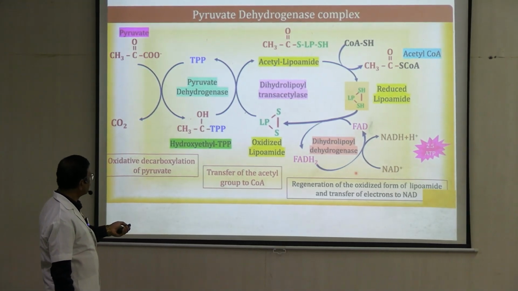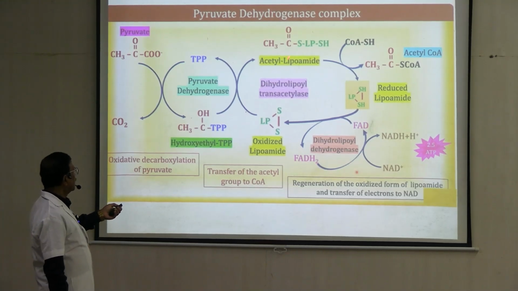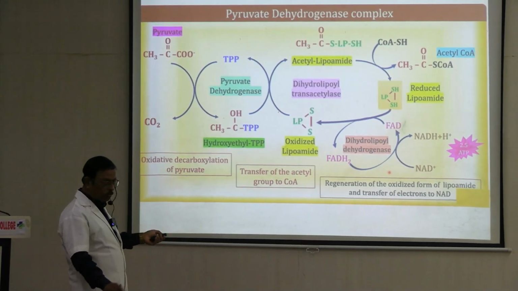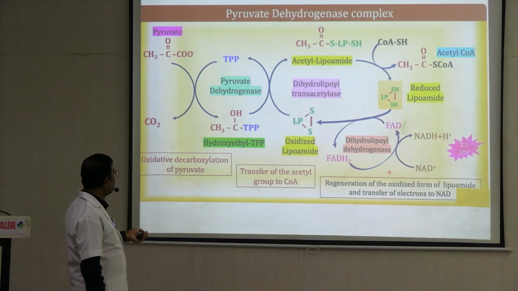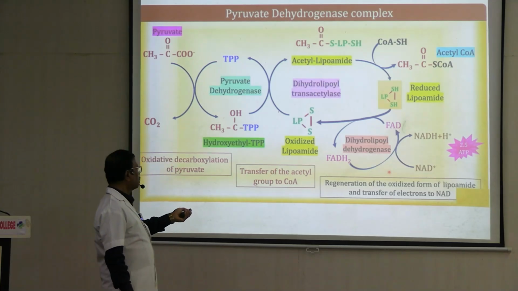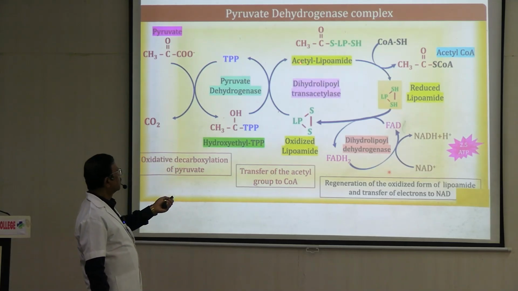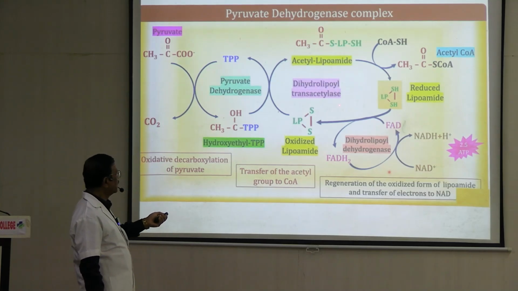The acetyl group of this hydroxyethyl thiamine pyrophosphate is transferred to oxidized lipoamide, and acetyl lipoamide is formed by the enzyme dihydrolipoyl acetyl transferase.